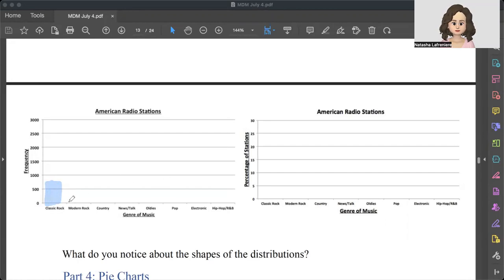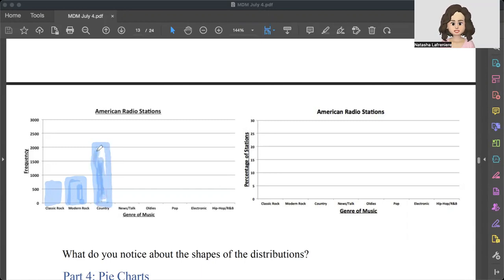Okay, so that'll go there. Modern rock is a little below 1,000. You notice how there are spaces between the bars and the data. Country is above 2,000, which makes sense because it's the best.